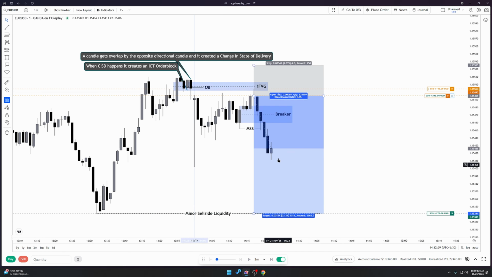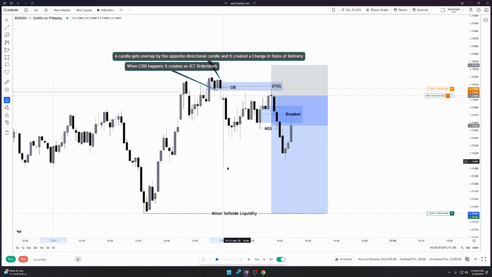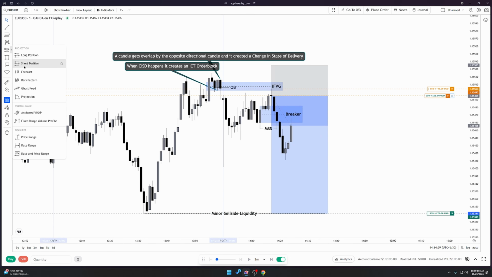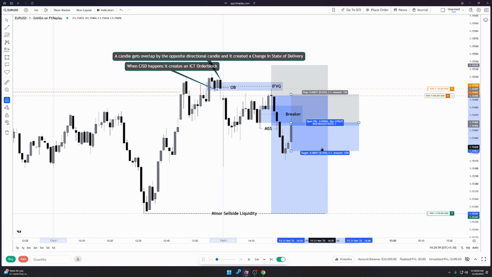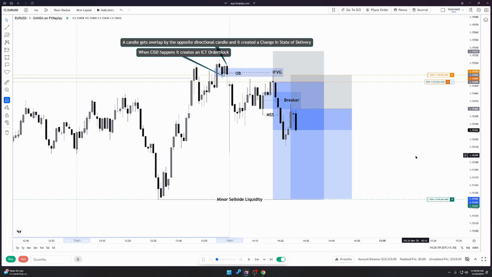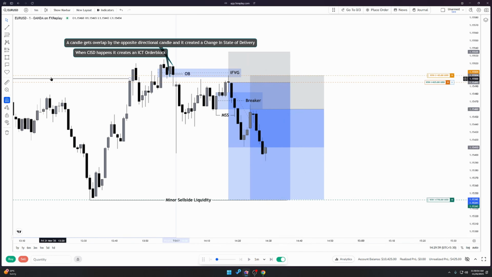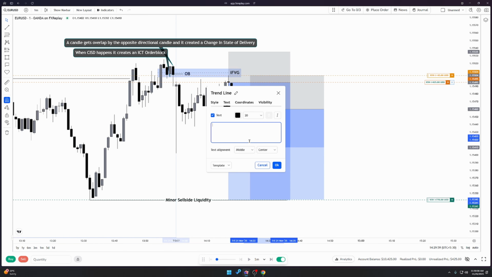If price retraces into the breaker, I take a second position using the same stop and the same target, the sell side liquidity. And you might wonder why I take another trade. The answer is simple. When we have a clear market structure shift, multiple fair value gaps, and a breaker, there is no logical reason for price to come back to my stop. That's how price delivery works.